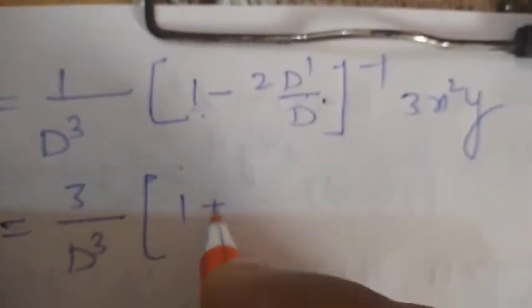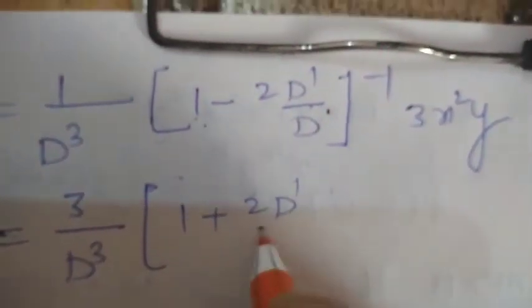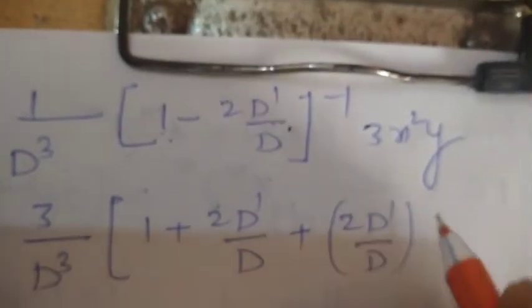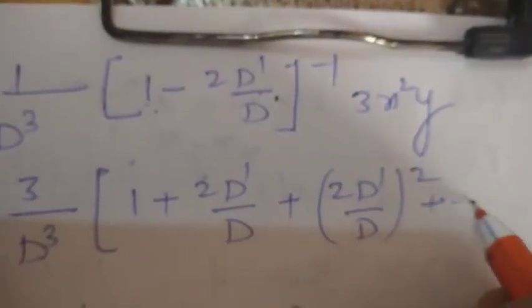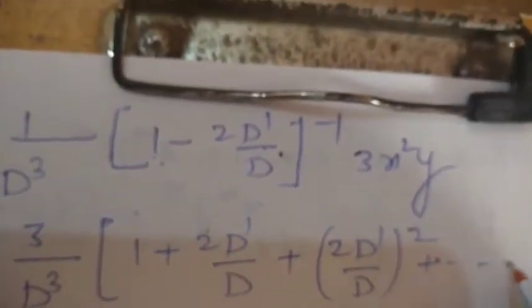So by using this we can write 1 plus 2D' upon D plus (2D' upon D) whole square plus and so on, of x square y.